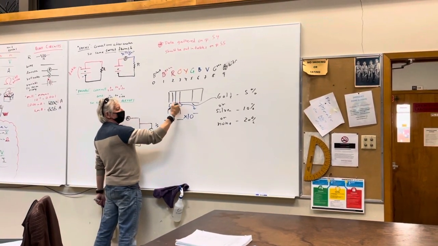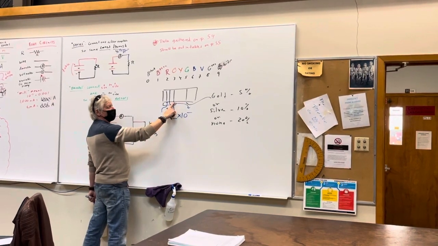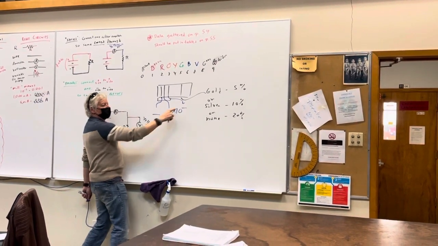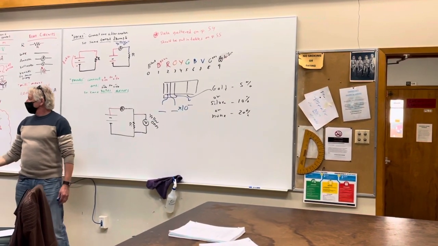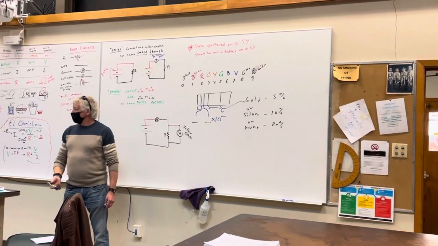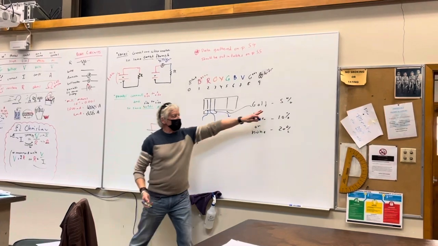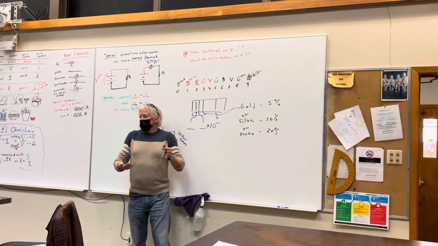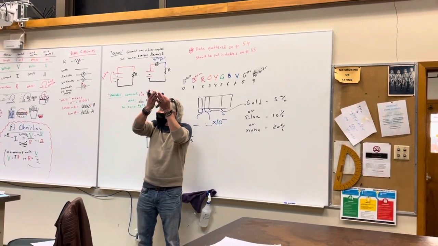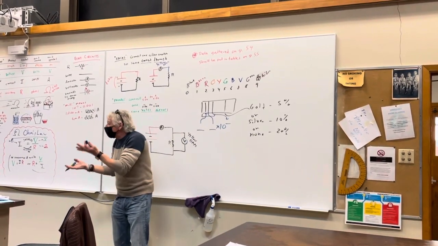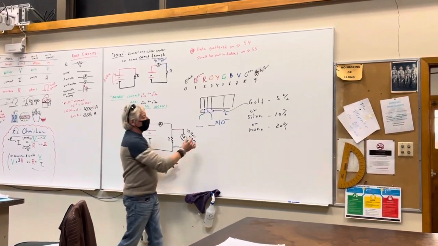If that's orange, what number would that be? 3. So it'd be 10 to the 3 or 1,000. Multiply times 1,000. Then you can take 5% of that, and it could be more by 5% or less. It's within 5% of that number.